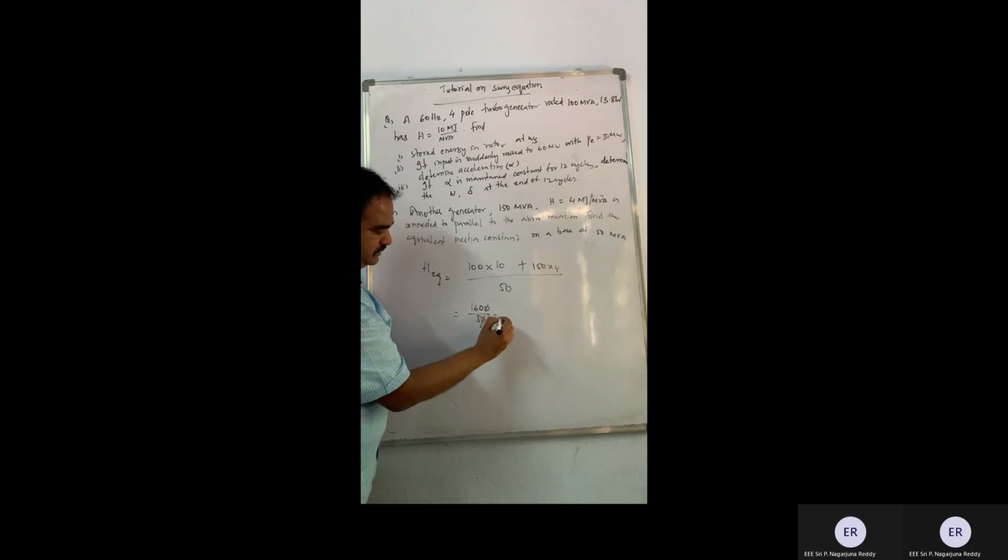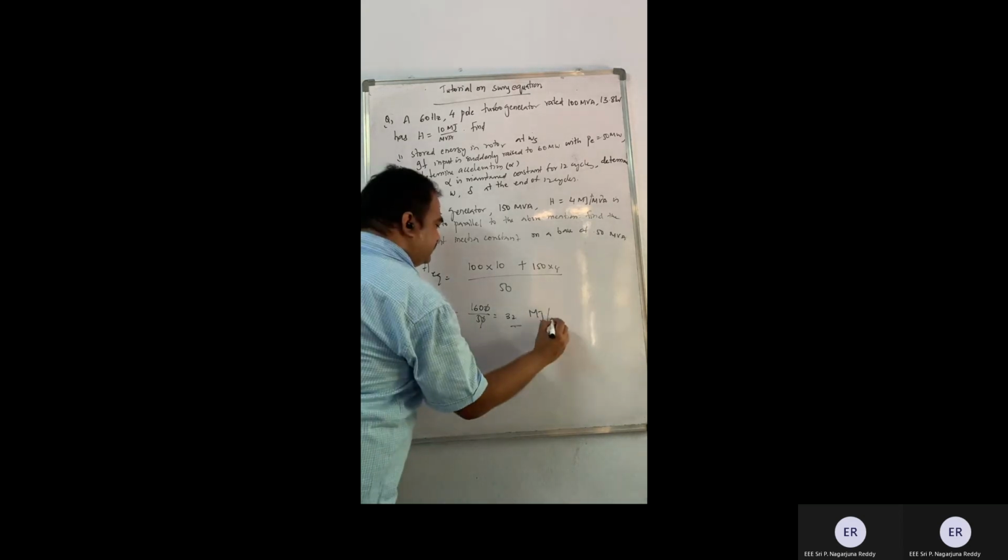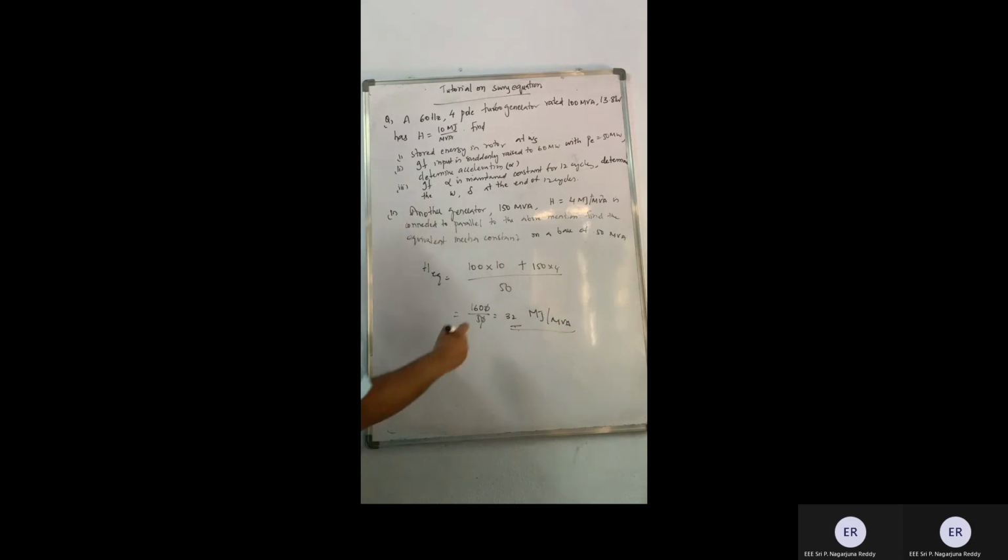So what is it going to be? 32, isn't it? So the final value is going to be 32 MJ per MVA. This is the way we will be calculating the equivalent value of the inertia constant.